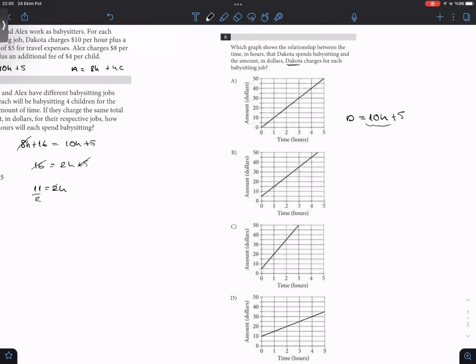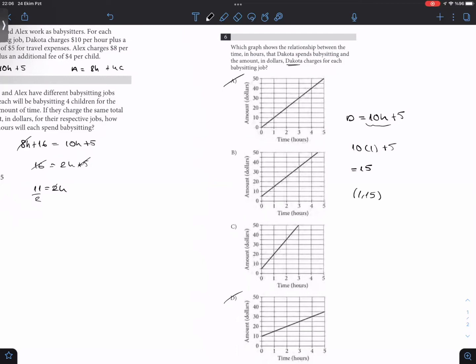Just by looking at that, we can eliminate A and D. Let's move on to a simpler value, like 1. When it is 1, this is 10 times 1 plus 5, which is 15. So our graph has to contain the point (1, 15).